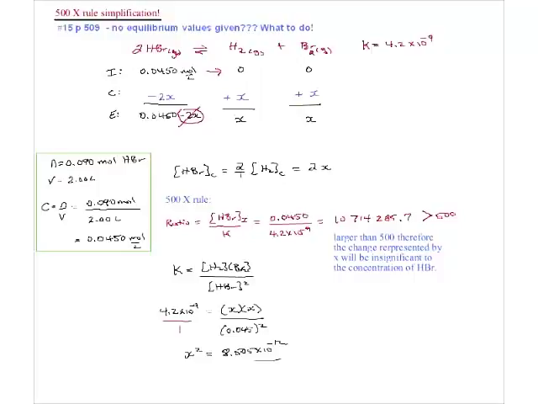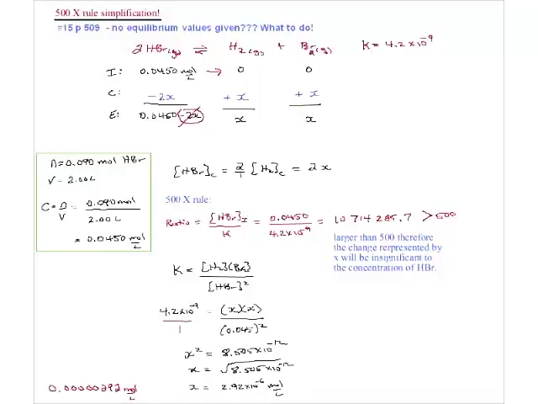Now we take the square root of that, and we end up getting 2.92 times 10 to the minus 6 moles per liter for x. Think about it now. The concentration of this guy is 2.92 times 10 to the minus 6. That's this number, 0.000000292. That's a very, very tiny number.